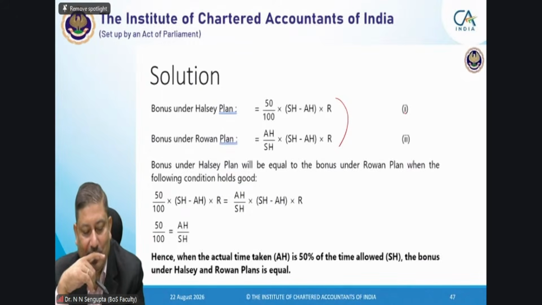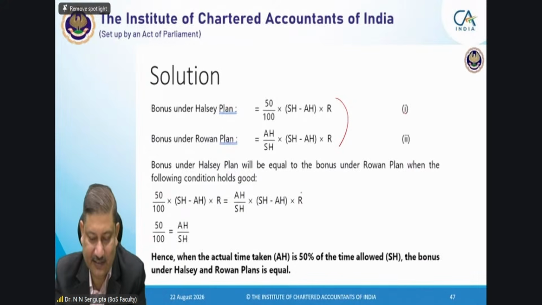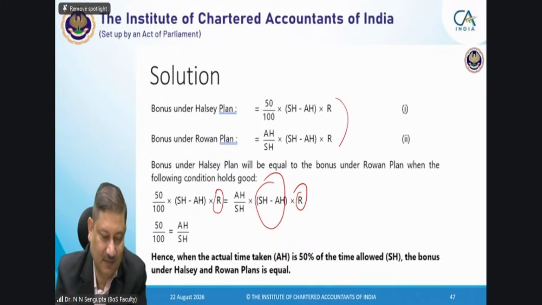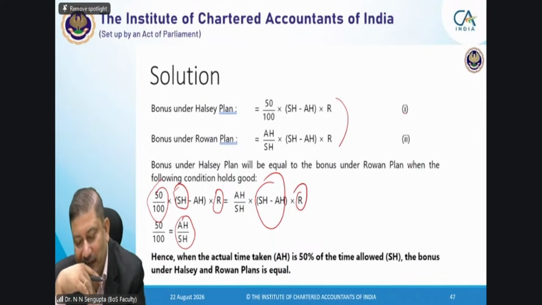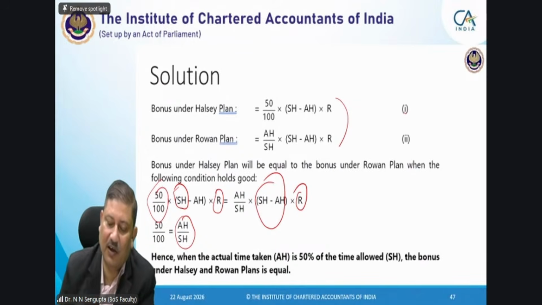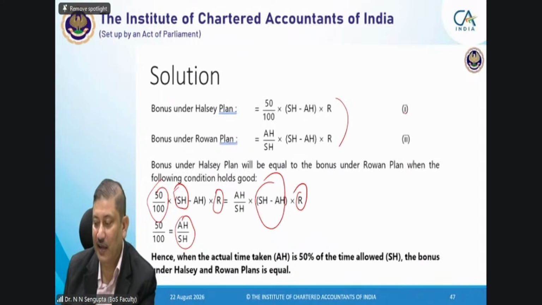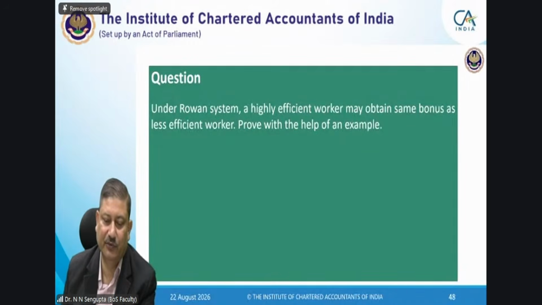Now when we equate both, you can see that everything matches, this, this one, this one. So when 50 by 100 is your actual by standard hour, only then it will be equal. So when the actual time taken is 50% of the time allowed, the bonus under both Halsey and Rowan will be equal. So sometimes a question can be asked related to this also.